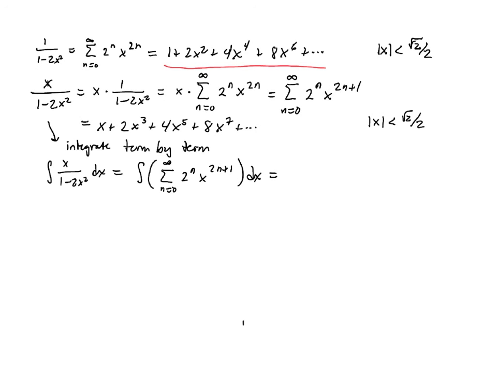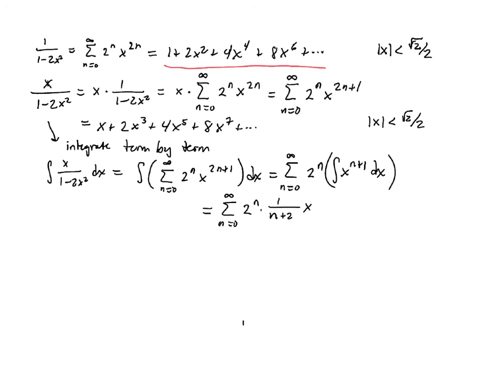When I say integrate term by term, it means that I rewrite this as the summation n equals 0 to infinity of 2 to the n times the antiderivative of x to the 2n plus 1 dx. And this simplifies to the summation n equals 0 to infinity of 2 to the n times 1 over n plus 2 x to the, sorry, I rewrote that incorrectly.